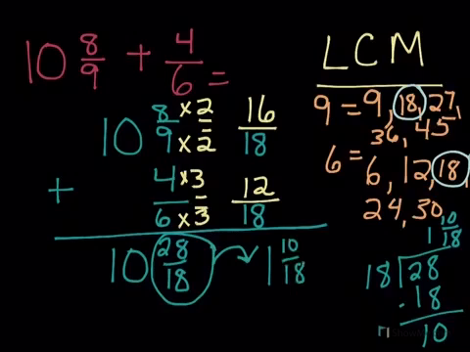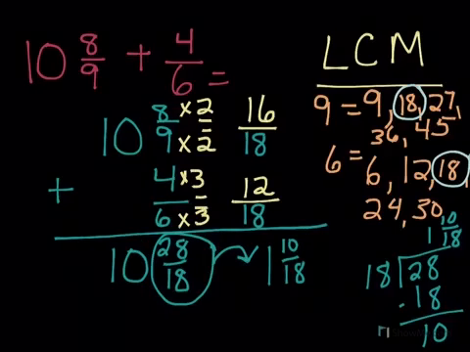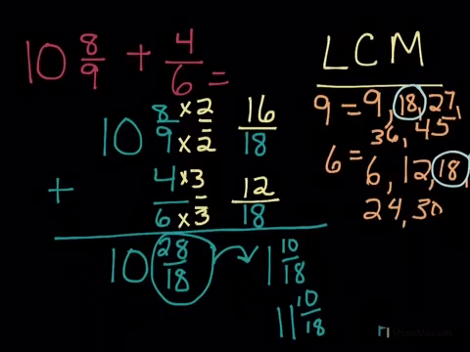I'm not done. I need to add my whole number to my mixed number. I know 10 plus 1 is 11. And then I have 10/18. But I can simplify. So we're going to reduce 10/18.